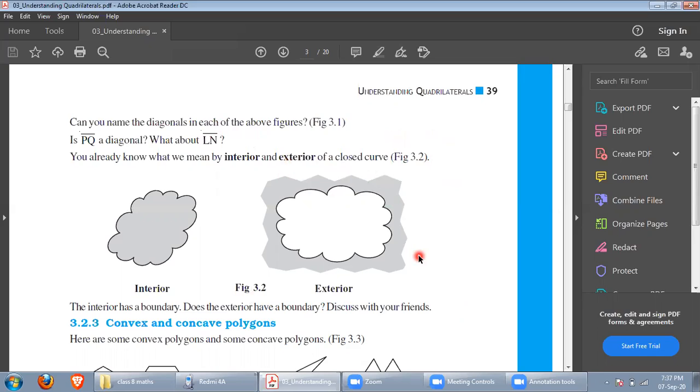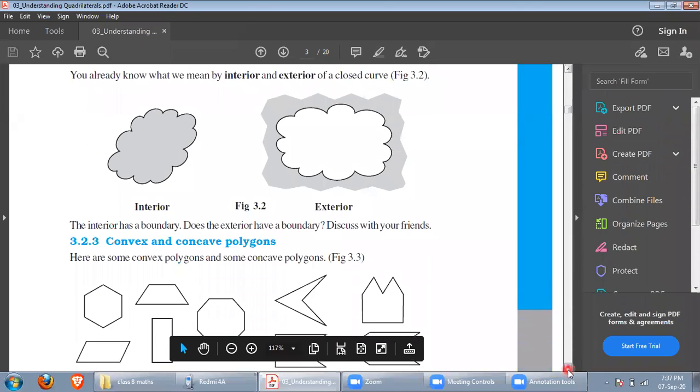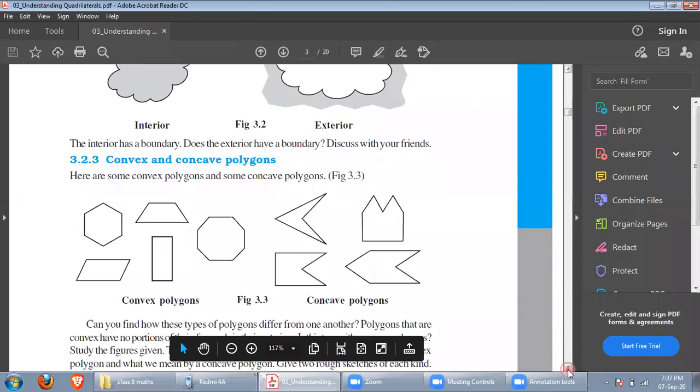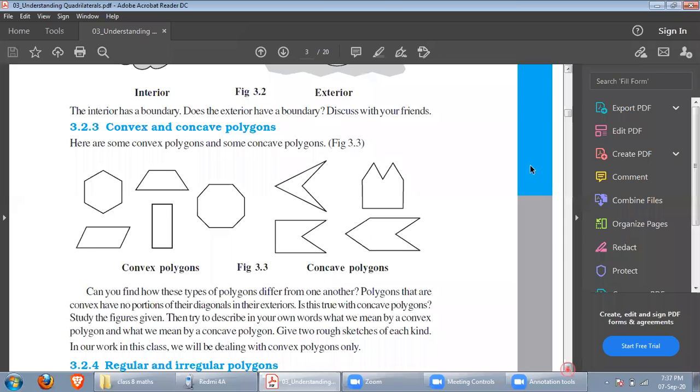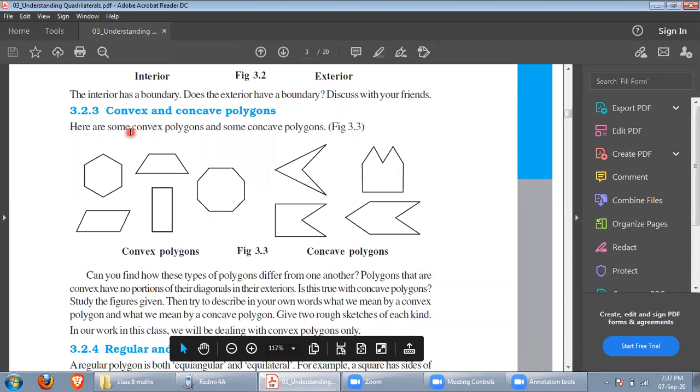Following? Yes. So let's discuss convex and concave polygons. Are you getting whatever has been said? Everybody? Yes.